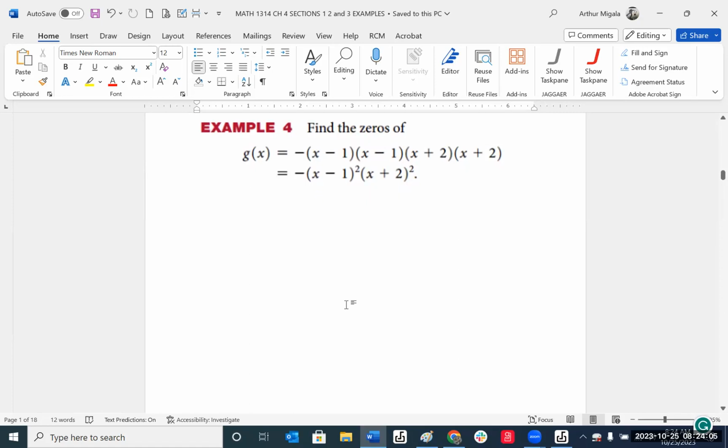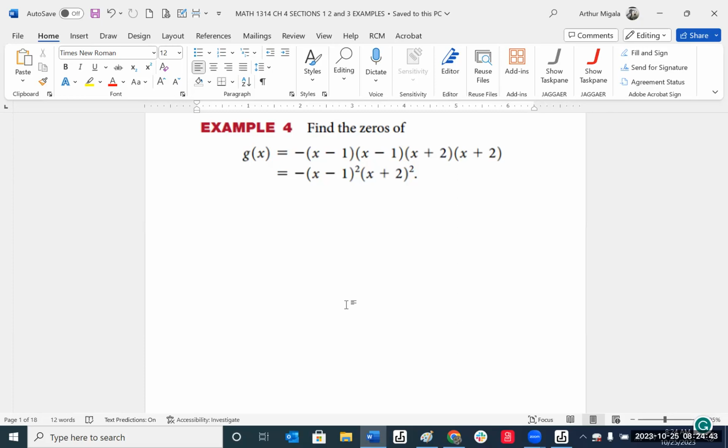So find the zeros. Let's sketch this graph. g of x is equal to negative (x minus 1)(x minus 1)(x plus 2)(x plus 2). Since x minus 1 happens twice, the multiplicity is 2.